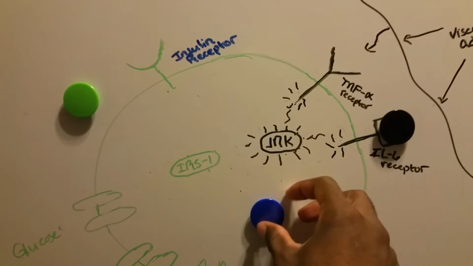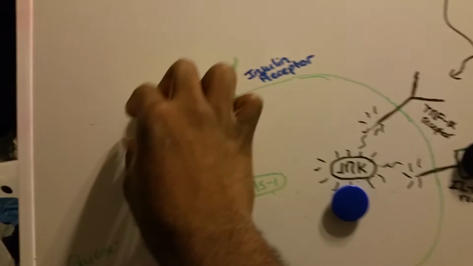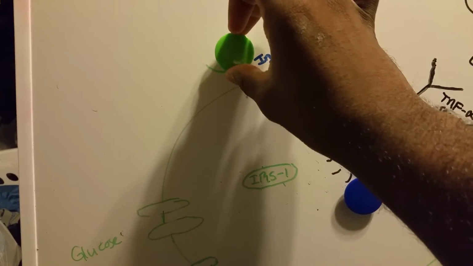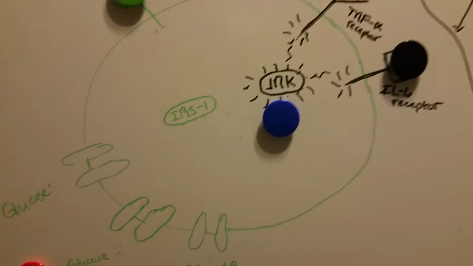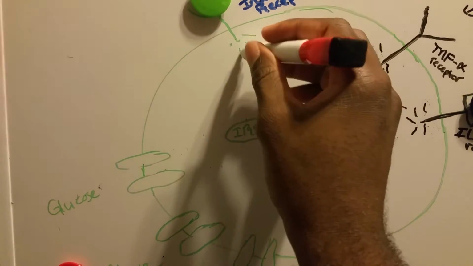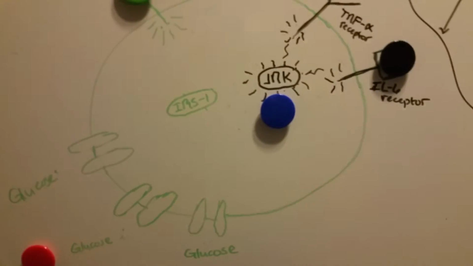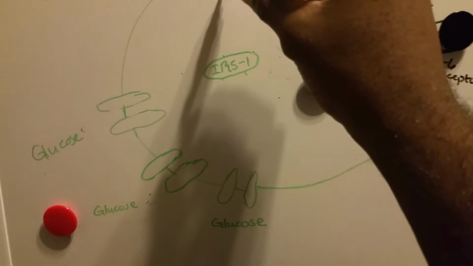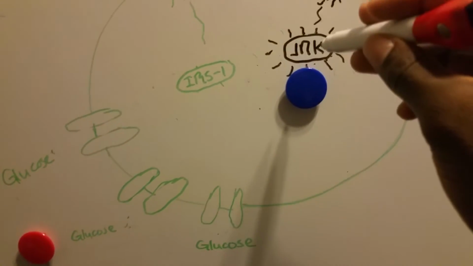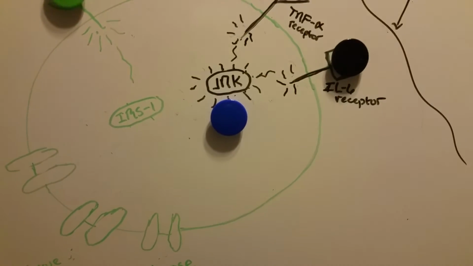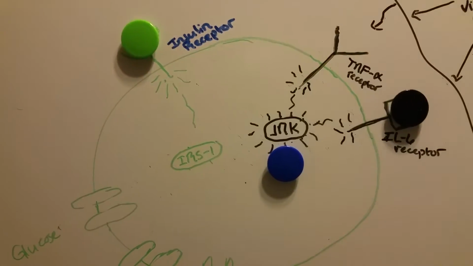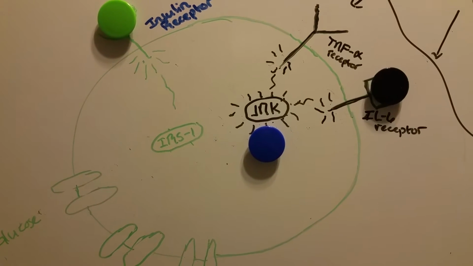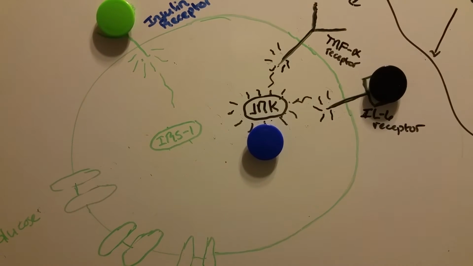Now, what type 2 diabetes does is, once the insulin binds to the insulin receptor like so, the insulin receptor still becomes activated. Once it is activated, it goes through the signaling cascade. But what happens in this signaling cascade is that now this JNK protein in its active state is able to phosphorylate, preventing the signal from reaching IRS1.